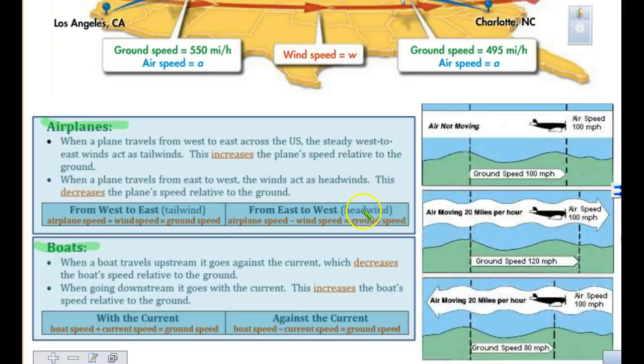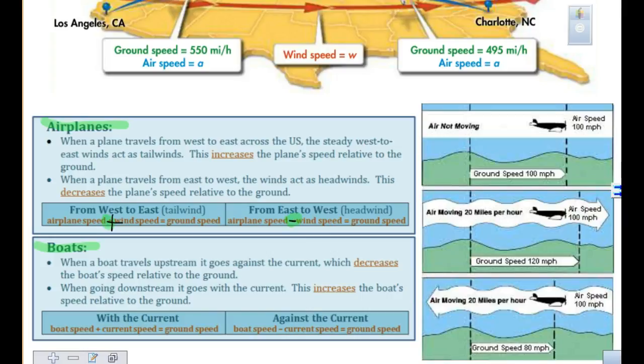If you are going against the wind, it's your speed minus the wind. So here a minus and here a plus, making sure you see those differences. When going with the wind you're adding, and here you're always subtracting.